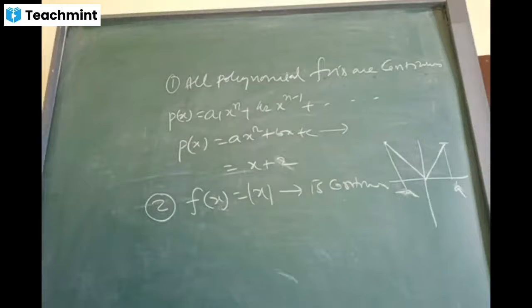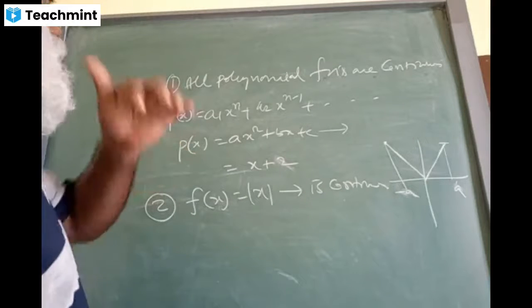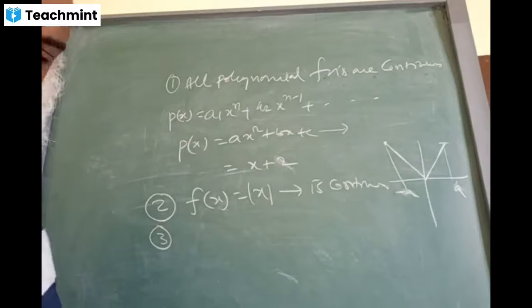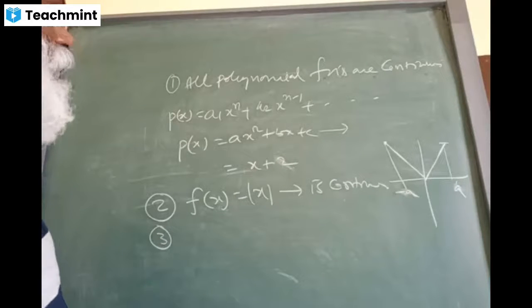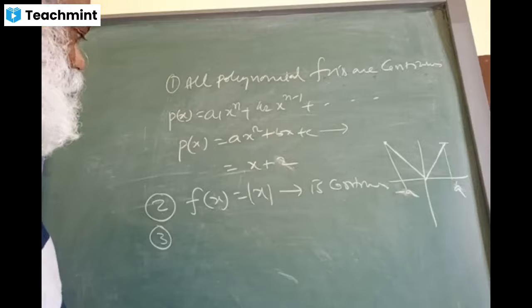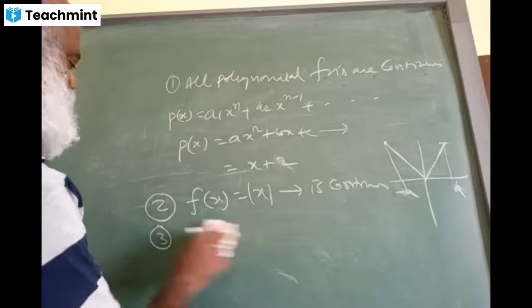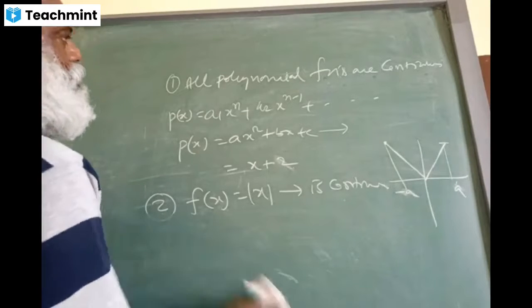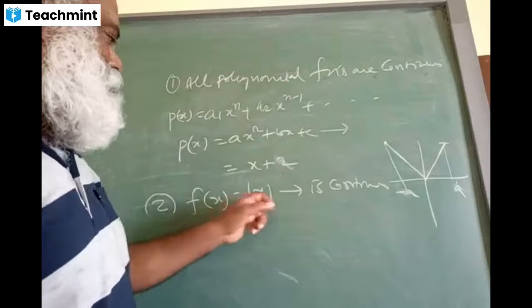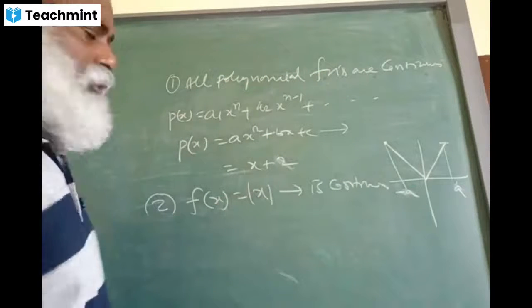Hence it is continuous. The modulus function is also continuous. Yes. Number 3, note down the concepts so that we can attack the remaining questions now. All polynomial functions are continuous, and f of x is mod x is also continuous.